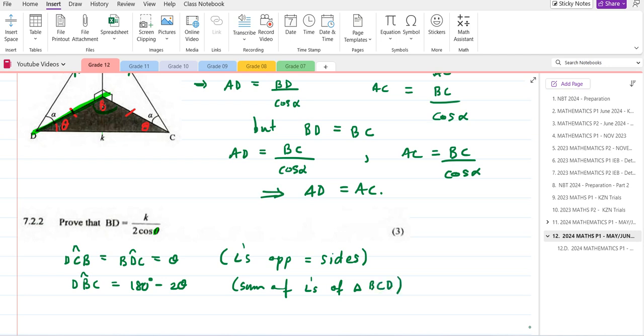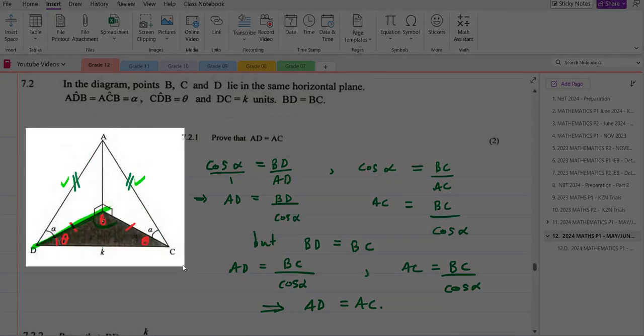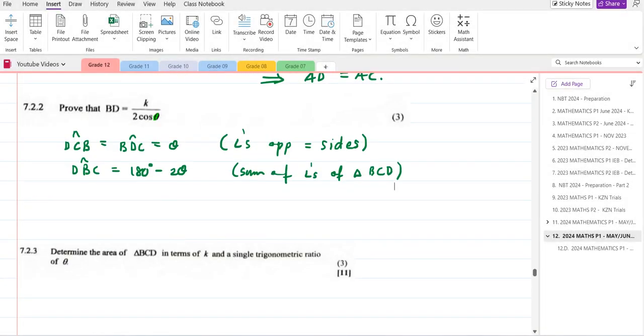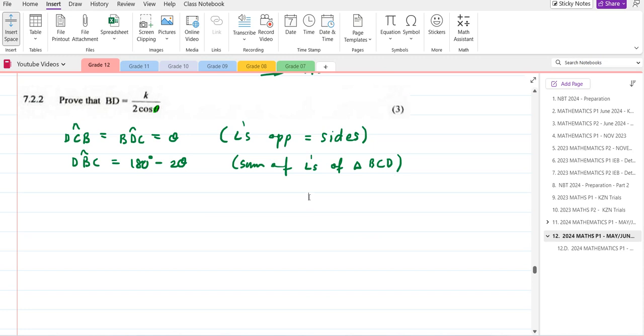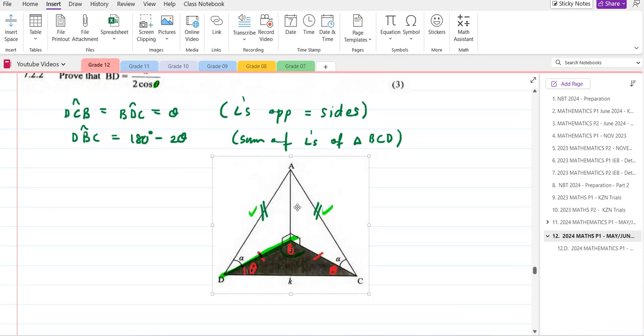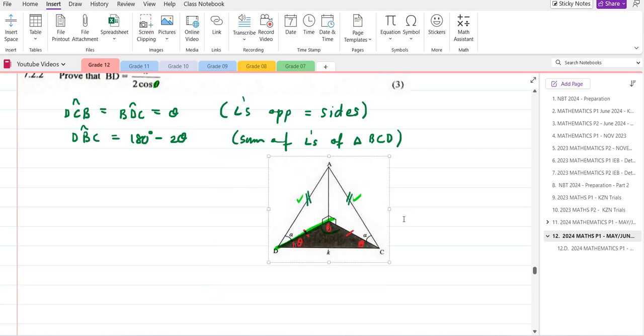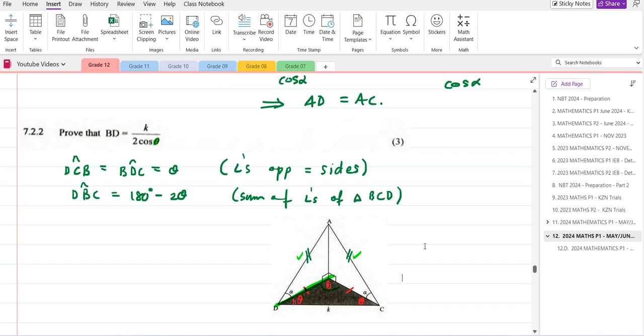Right? Let me bring this diagram down. So far what we have, this diagram, let's take it down and solve this. So let's solve this triangle now. Right, so 2 cos K over BD.